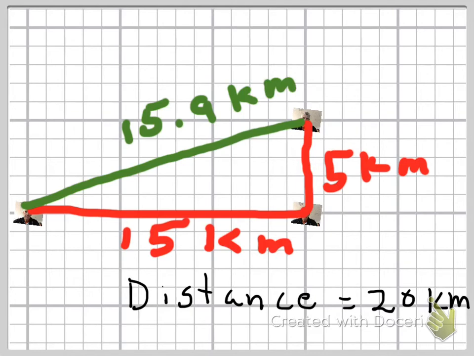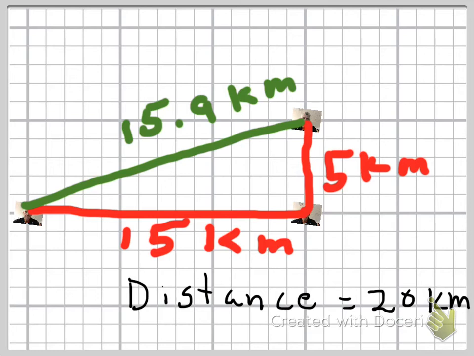So Mr. Jones covered 15.9 kilometers, taking the square root of the sum of the squares of those two sides, even though he rode 20 kilometers. So we could say Mr. Jones, even though he rode a distance of 20 kilometers, he really just displaced 15.9 kilometers.